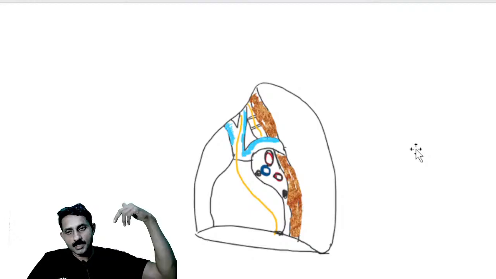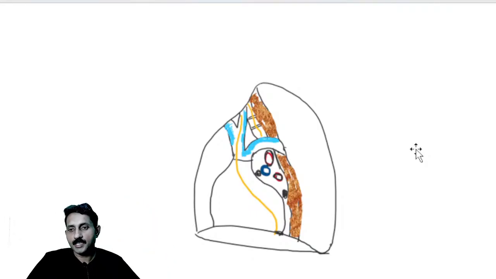Now, what is the blood vessel that is going into the right atrium? Superior vena cava. What is the blood vessel coming from below? That will be the inferior vena cava. So superior vena cava, inferior vena cava, right atrium. Can they form an impression there? Yes. Then the trachea will also form an impression. We have the trachea on the midline.